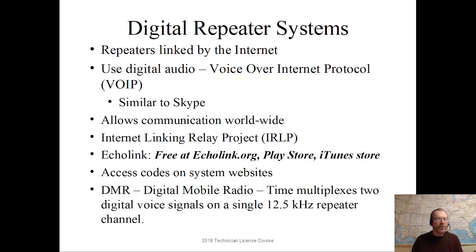Okay, DMR stands for Digital Mobile Radio, which time multiplexes signals so that you can squeeze more than one signal onto a single 12.5 kilohertz repeater channel. It's a way that you can talk around the world using just a little handy-talkie. If you connect to a DMR repeater and you know the codes for the other repeaters that you want to talk to, you're in, and you can do that.